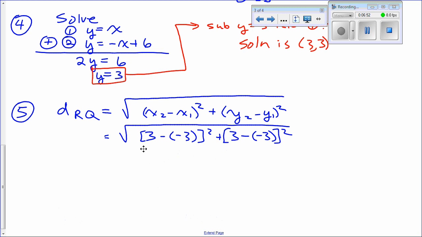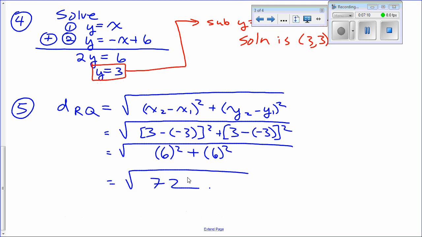When we finally substitute, we end up with something like this. Simplifying the first bracket, you end up with 6. Simplifying the second bracket, you end up with 6. And we end up with this underneath our square root sign. Simplify again, we end up with the square root of 72, which means that our distance along the altitude RQ is 8.5 units. All right, and there you go.